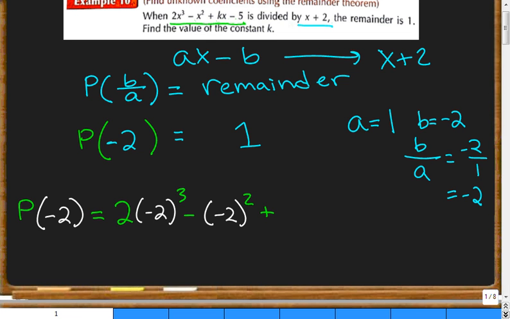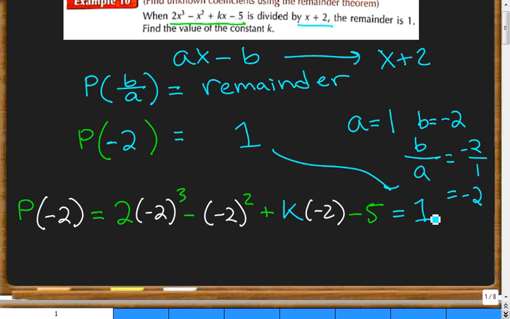I'm going to give that a little bit different look, I'm going to give that blue. So we've got plus k times negative 2, and then we have our minus 5, and that equals this number 1.